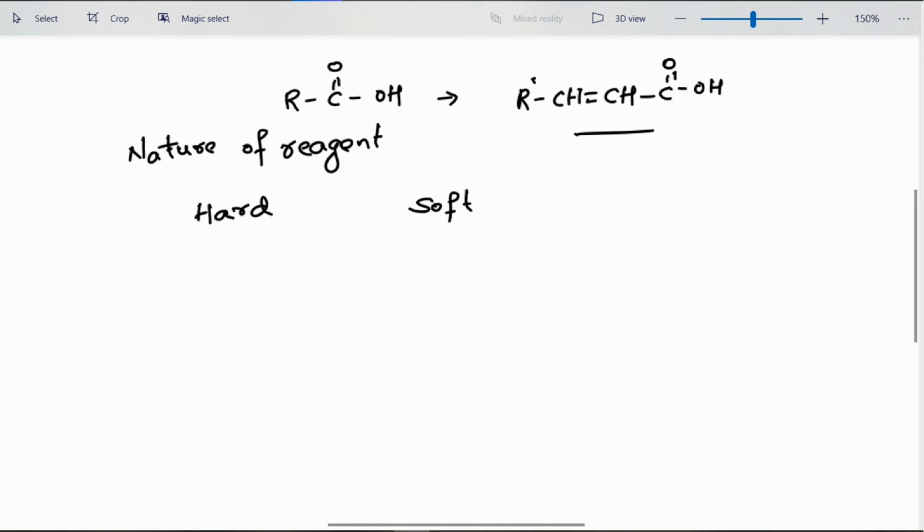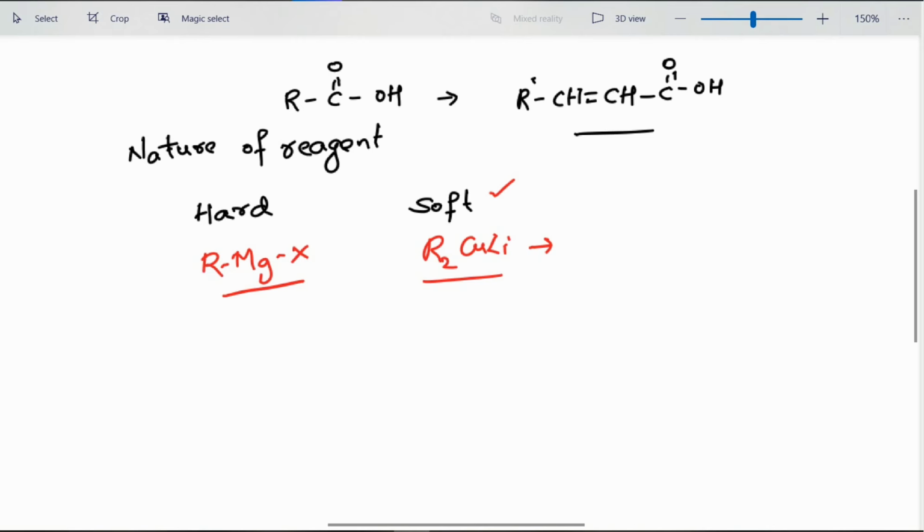If you consider, for example, alkyl cuprates, R2CuLi, this is also called Gilman reagent. This Gilman reagent is a soft reagent, whereas alkyl magnesium halide, that is Grignard reagent, RMgX, is called a hard reagent, and R2CuLi is called a soft reagent.